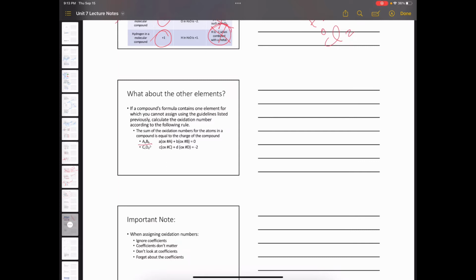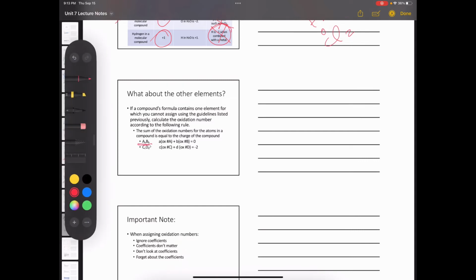So something like A subscript a, B subscript b. When you calculate the oxidation number for the total compound, that would be the number a multiplied by the oxidation number for the atom A, plus b, which is the subscript number accompanying the atom B, multiplied by the oxidation number of B, would be equal to 0.